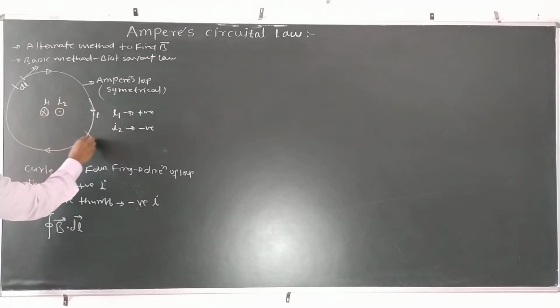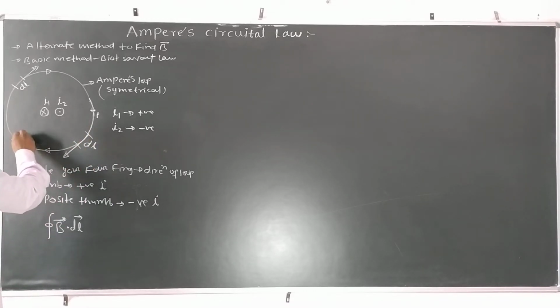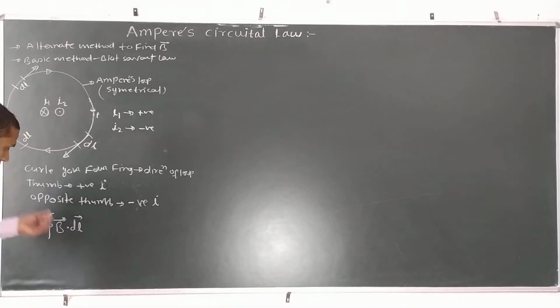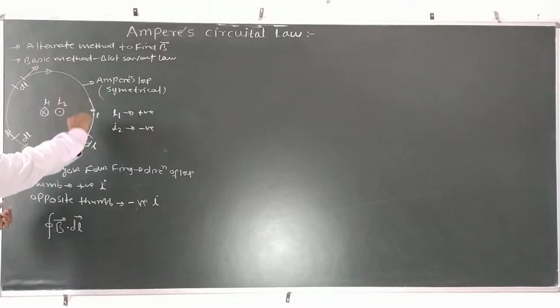We can cut many elemental lengths dl, each in the direction of loop. B is the magnitude of magnetic field at point P, or on the loop.